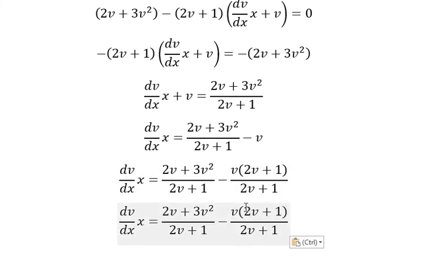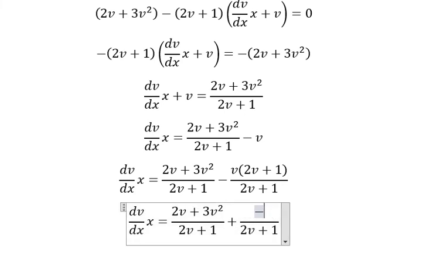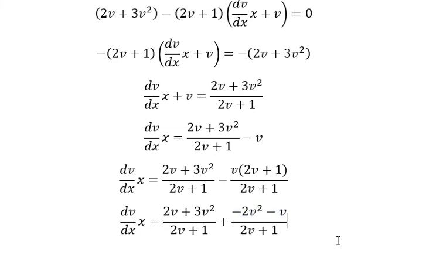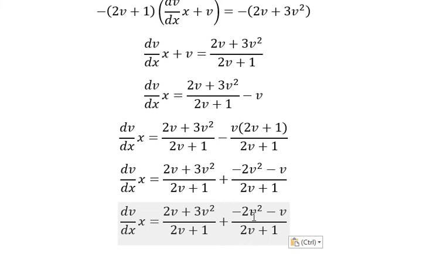Negative v multiplied by 2v plus 1 in here. So we will have like this. Negative 2v square minus 3v square and 2v minus v.